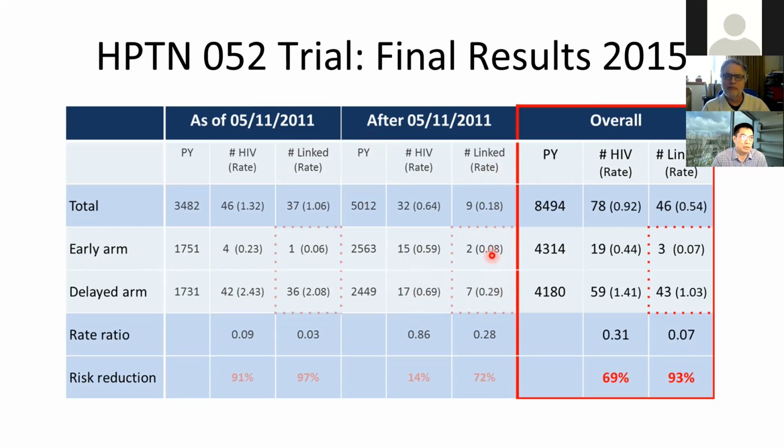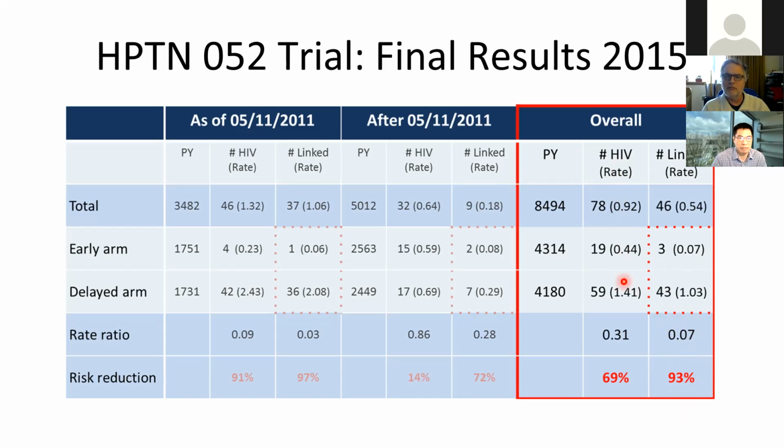If you look at the overall prevention endpoint for linked events, the event count between the early arm and delayed arm is 3 versus 43. The hazard ratio is 0.07, and taking 1 minus the hazard ratio, the efficacy still remains at 93%. That's not far from the 96% we observed at the interim analysis.